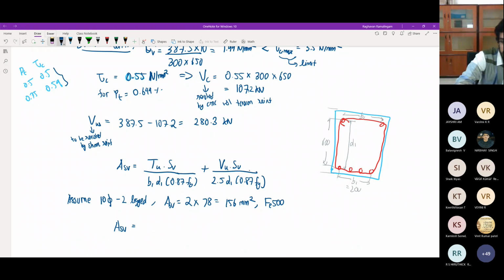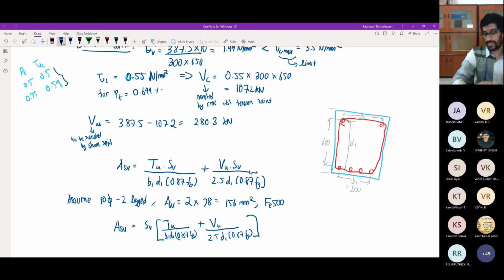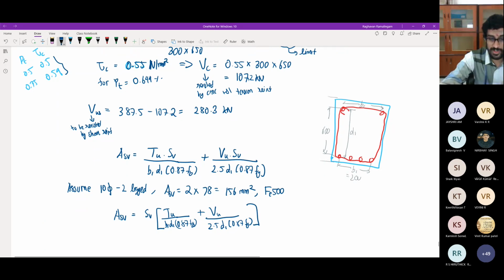So I can just rearrange this equation. Okay, so I have just taken Sv out common so that you can easily find them out.